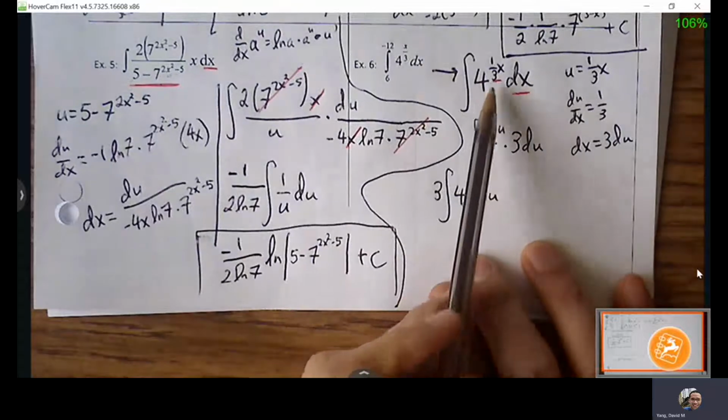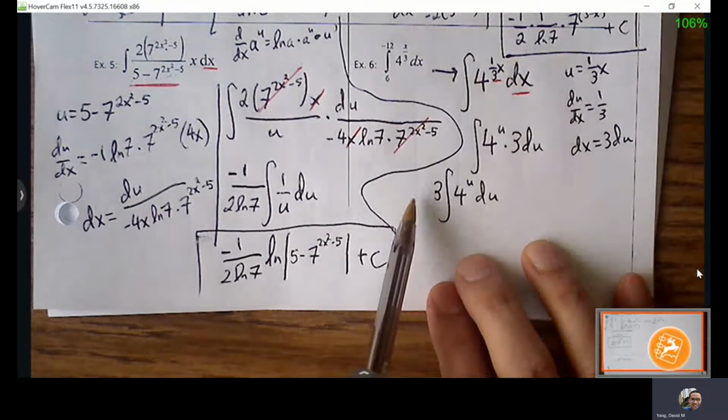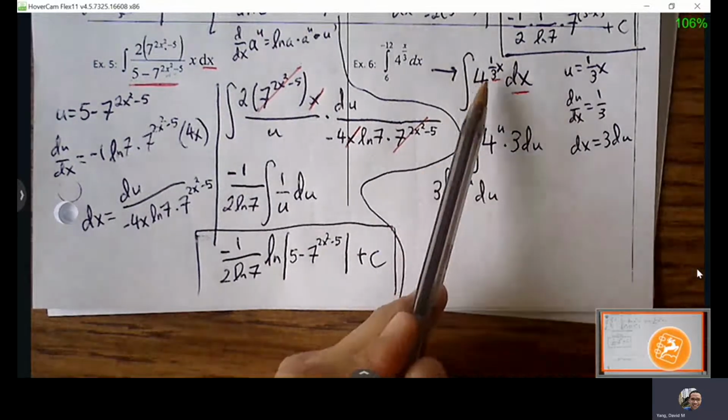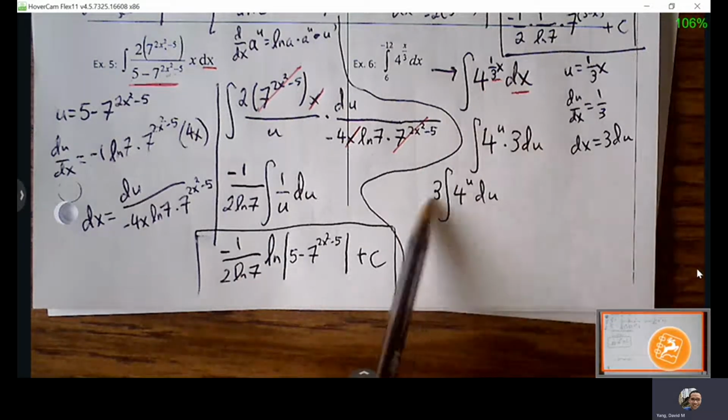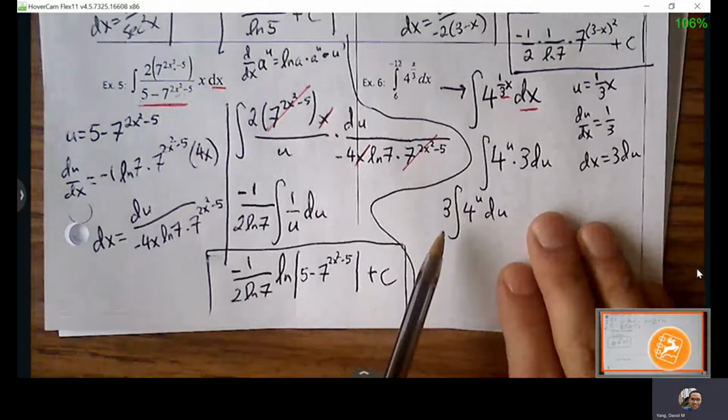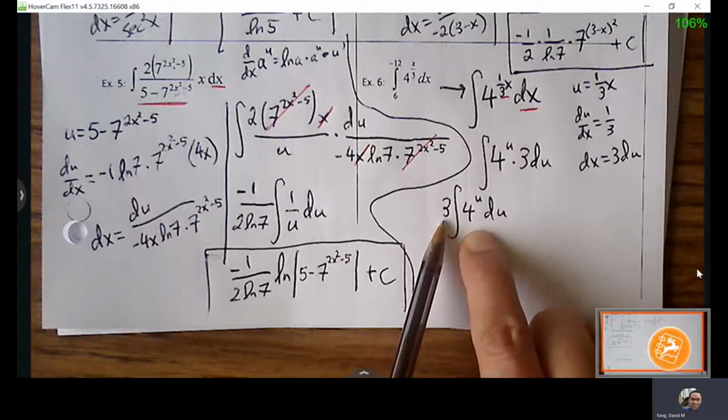So you see that the 1/3 x will just produce a 3 out in front, right? So you find the derivative and you flip it, and that's always just going to be the leftover. Okay, so now we can apply the antiderivative.